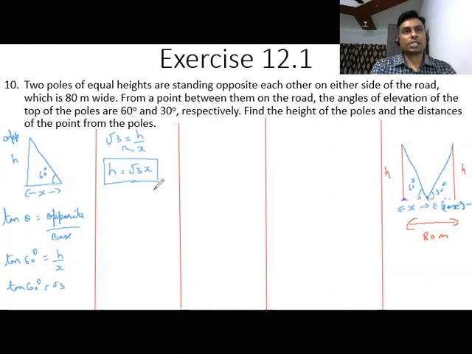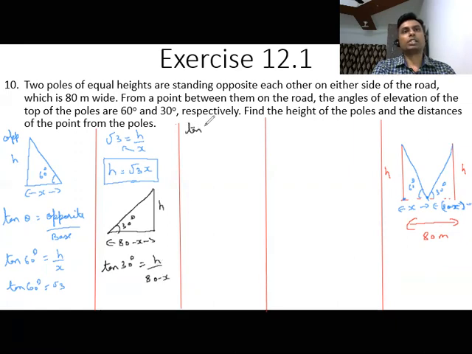So in the next case, my pole is like this. Angle is 30 degrees. Height is h. Distance is 80 minus x. So again, tan 30 degrees is equal to h by 80 minus x.